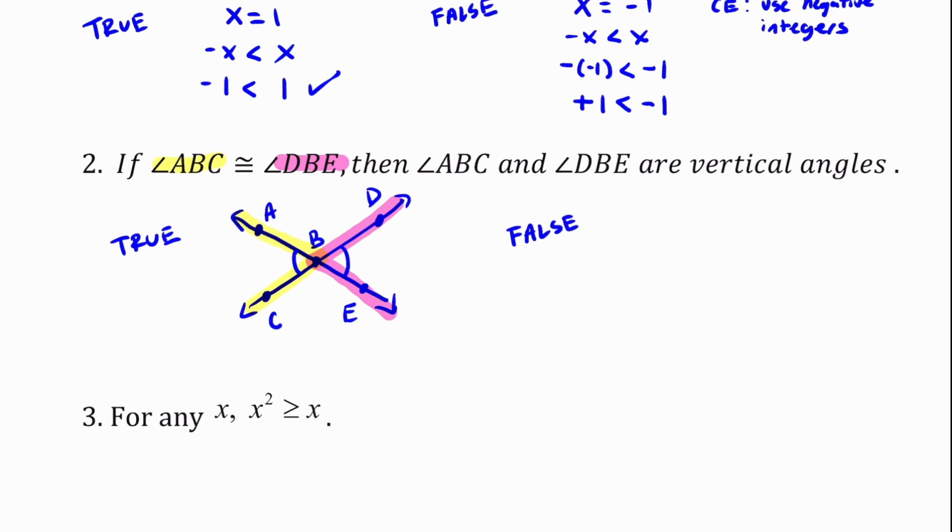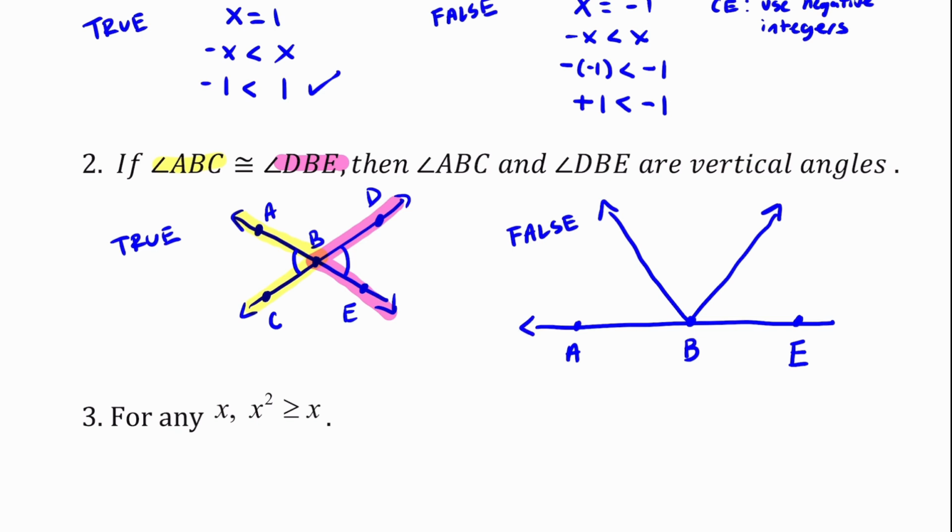Now, I'm going to draw this, label this A, B, and E, and I'm going to draw some rays. This point will be C, and this point will be D. So I have angle ABC, and this is angle DBE.